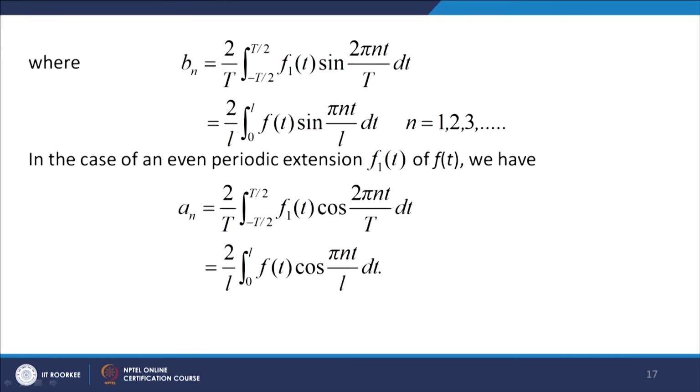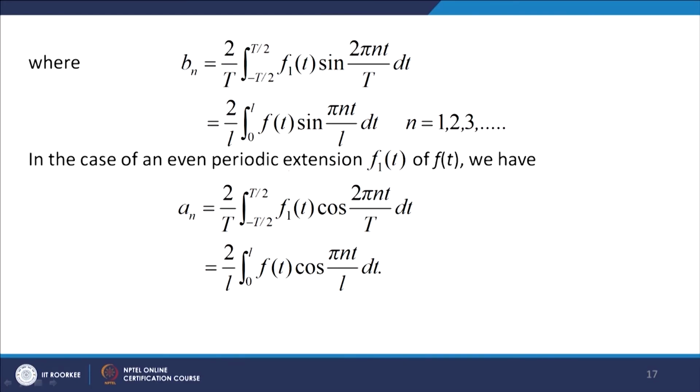Putting in the value of T, we get 2 over L integral. Now, f 1(t) is an odd function and sine is an odd function, so the product is even. So, we can write it as sin(pi n t by L) over 0 to L, and here we will have 4 over L integral from 0 to L of f(t) sin(pi n t by L) dt.